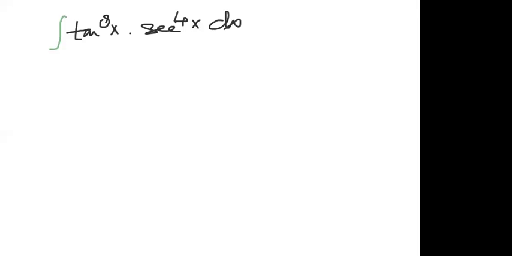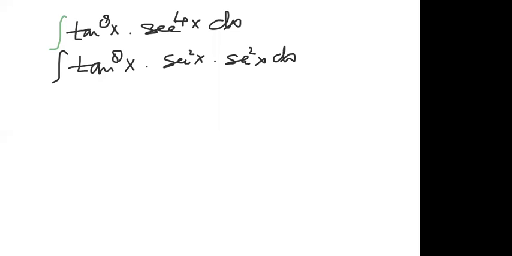Now, looking at this, if I suppose tan x as t, then sec^2 x dx will be dt. But one sec^2 x will create a problem. So what I'm doing, tan^8 x into sec^2 x into sec^2 x dx.